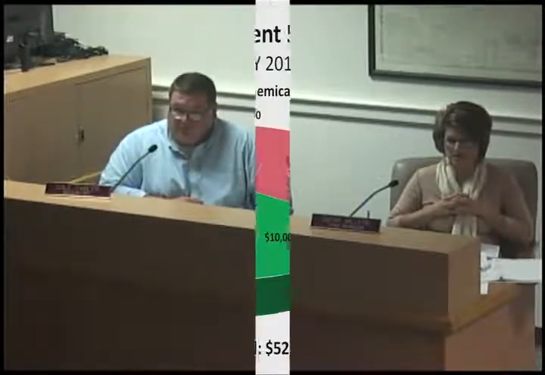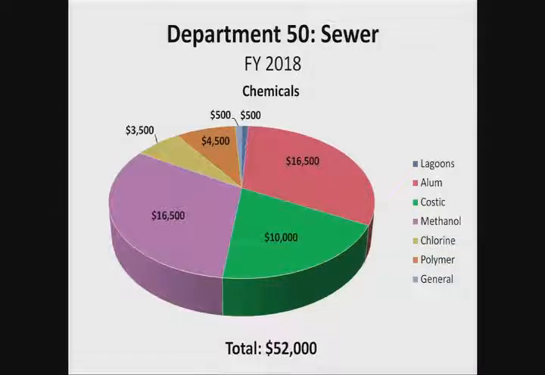Last year, however, there was only a budget of 21,000 for chemicals. That was not realistic this year. For this budget, we had our staff sit down and figure out exactly how much money is spent in chemicals at that plant. And because of the new plant, this is what they estimate to spend this year.